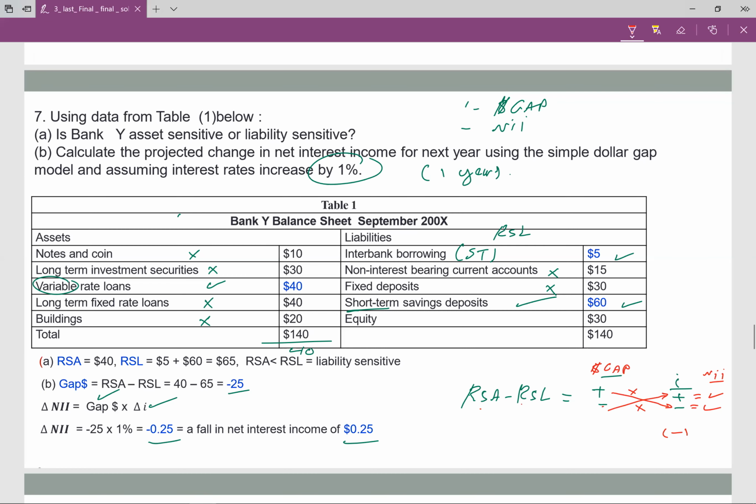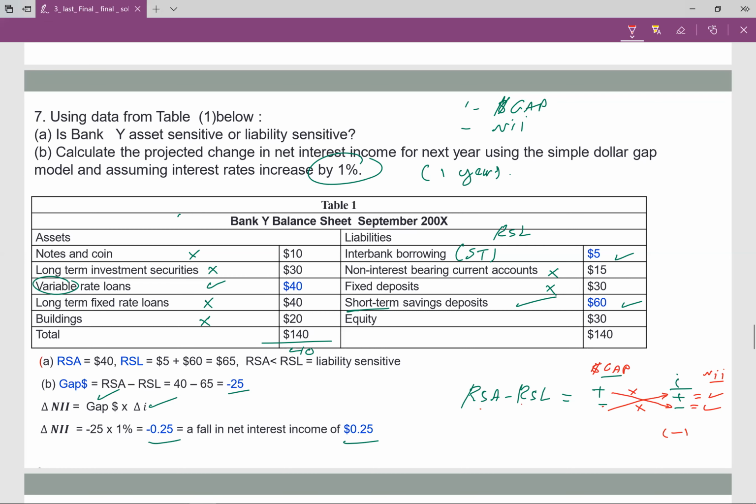It just assumes that both assets and liabilities have the same interest rates. The assumption is this. This is one of the problems with repricing, which means they do not necessarily have the same interest.